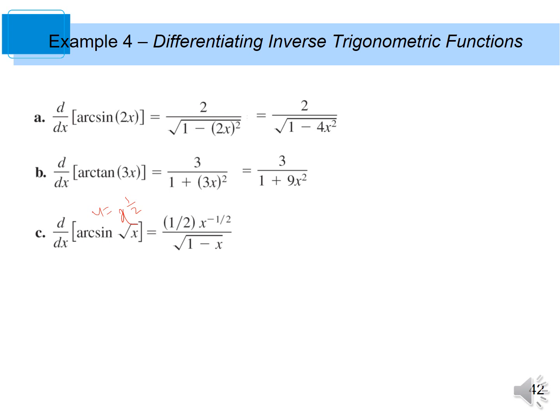So we have the formula u prime over radical 1 minus u squared. To get the u prime, we use the power rule. Half moves in front, x to the n minus 1, over radical 1 minus u squared. Our u is x to the half, and then squared. Half and 2 can be cancelled, so just power 1. So we simplify and we write our answer.